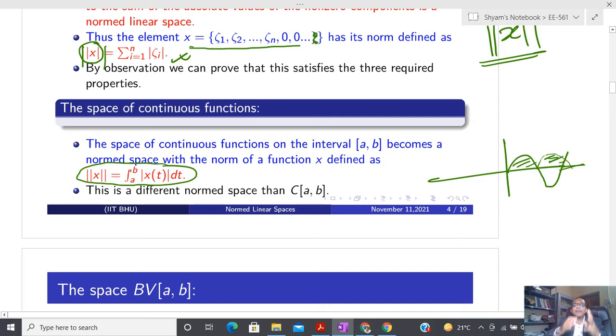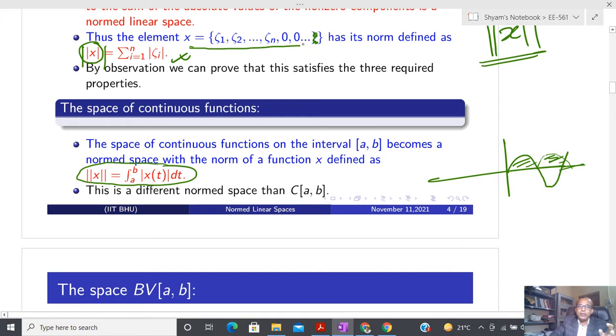It means that if a space is fixed, it is possible to show that I can define the norm in various ways. In the end we are going to see that there are infinitely many ways I can define the notion of distance in a space, and based on our application or some physical interpretation I can choose.